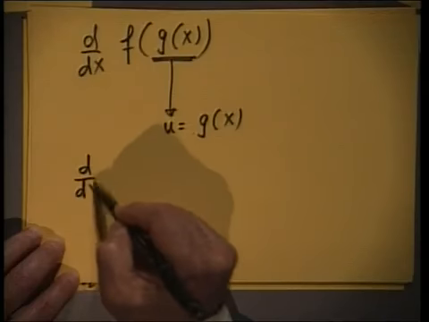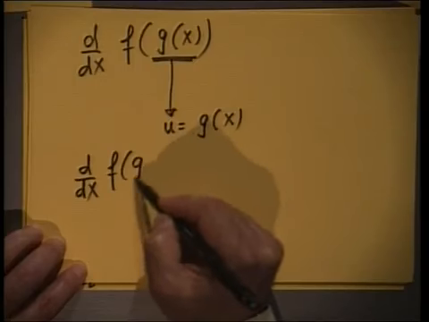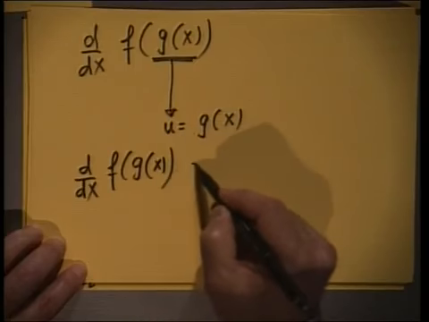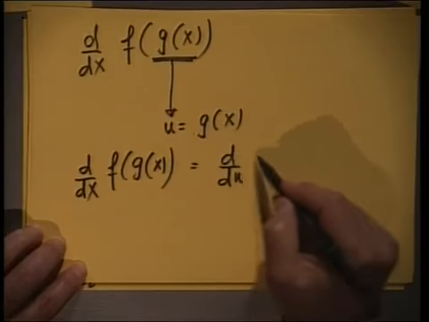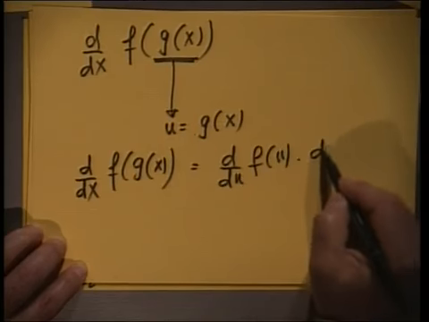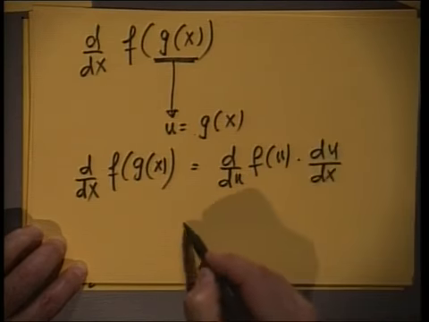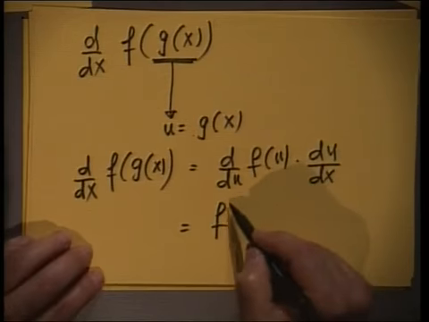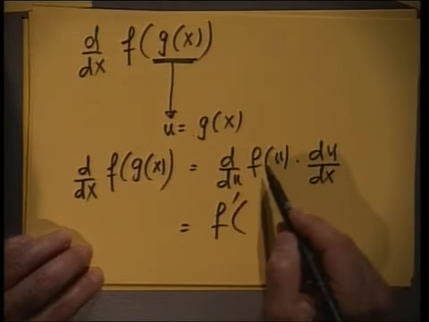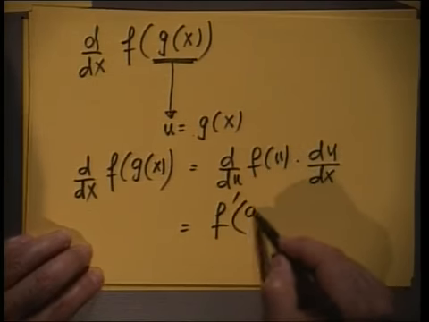Leibniz said that you can manipulate like algebra, in the sense that if this is equal to u, then d by dx of f of g of x, you differentiate with respect to u, d by du of f of u, times du by dx. So in fact, what you get here is f prime of u, which is g of x.